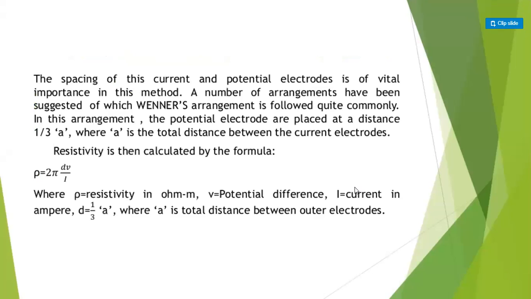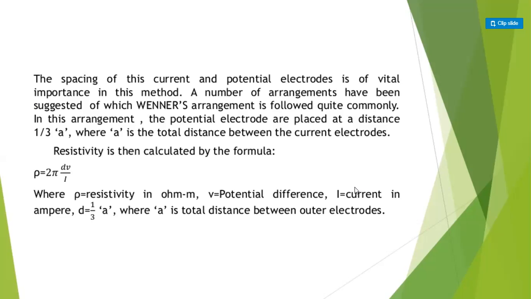The spacing of the current and potential electrodes is of vital importance in this method. A number of arrangements have been suggested, of which Wenner's arrangement is followed quite commonly. In this arrangement the potential electrodes are placed at a distance 1 by 3a, where a is the total distance between the current electrodes.